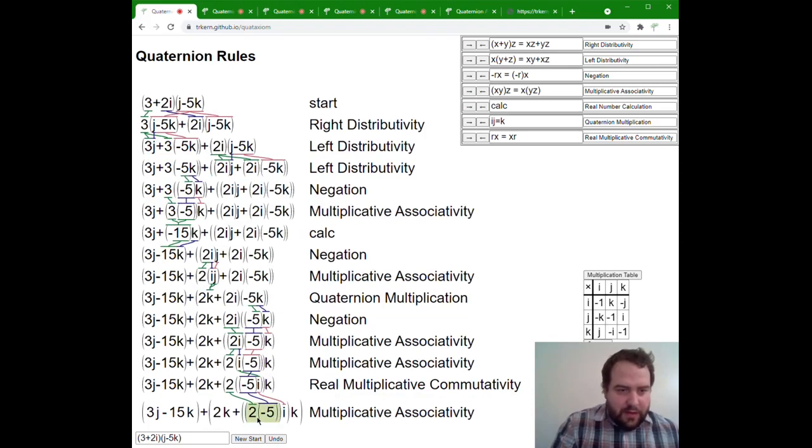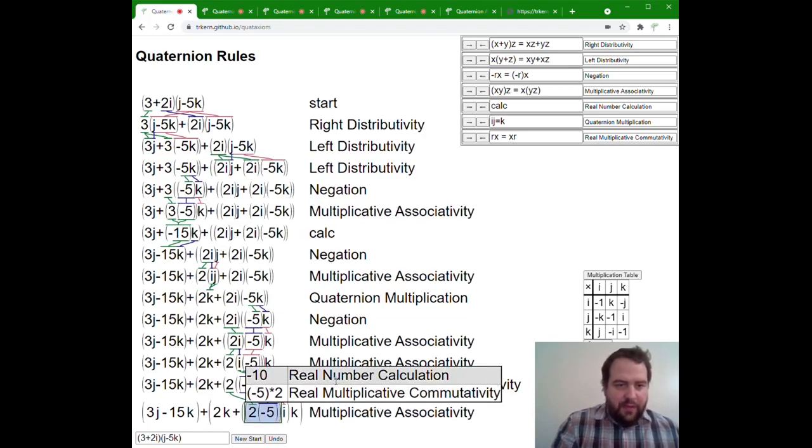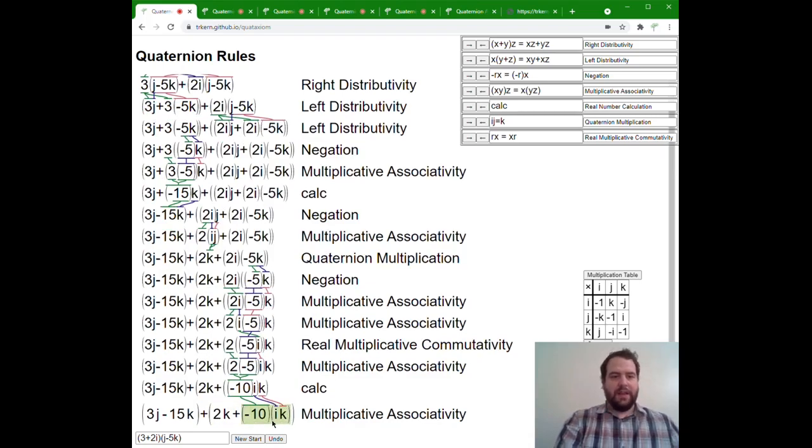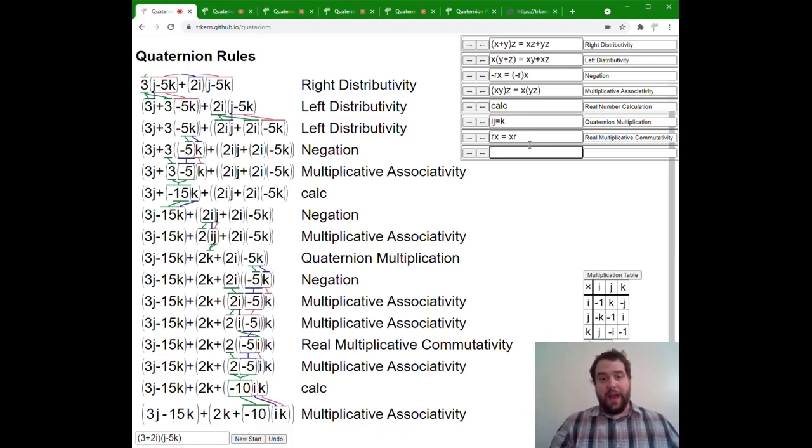Let's do that. 2 times negative 5, we're going to use calculation to turn that into a negative 10, and then we're going to do some associativity to turn it into negative 10 times i times k. We're going to need to know what i times k is. i times k is negative j, and to avoid having to do nonsense with negation, I'm going to want to say that i times k is equal to negative 1 times j, but that's the same.